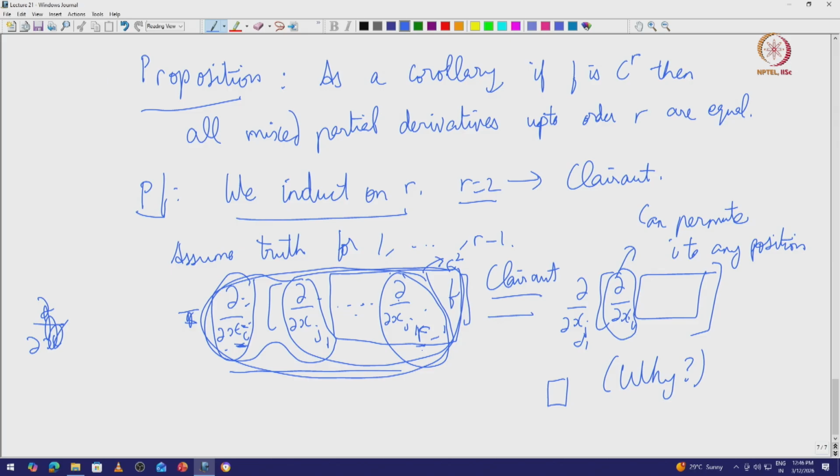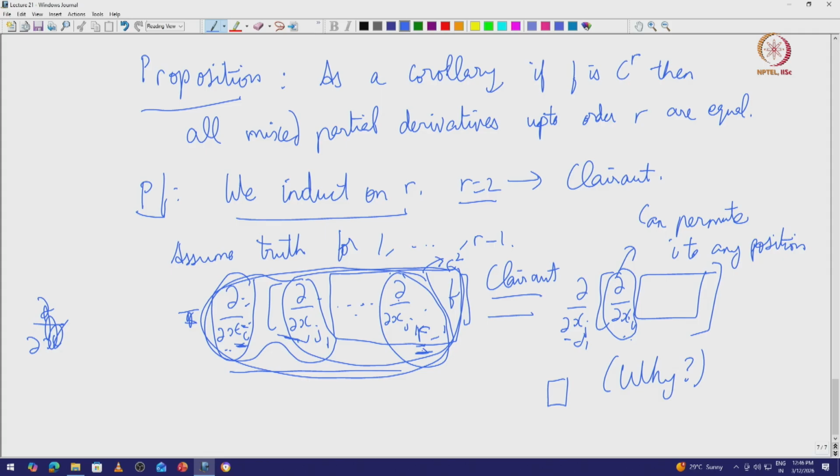Since this function is C^(r minus 1), you can pretend that this is at this place, because by the induction hypothesis, you can interchange these two. So please think about how you can interchange any two things. Once you can interchange any two things, then you can get any arbitrary permutation by a sequence of interchanges.